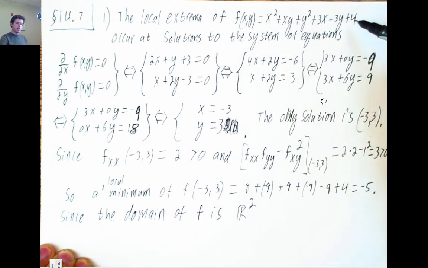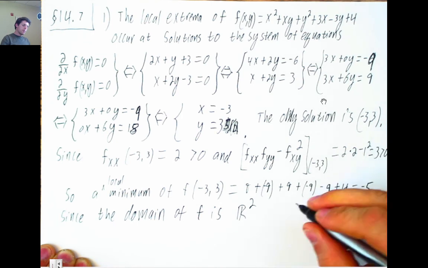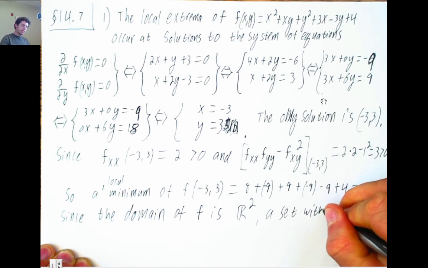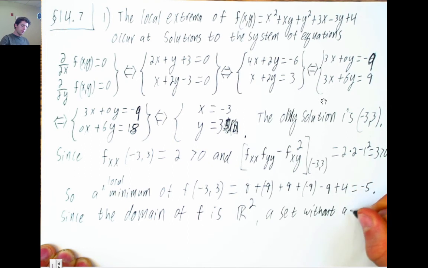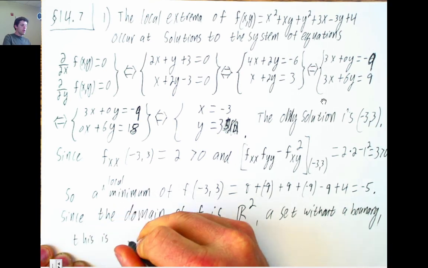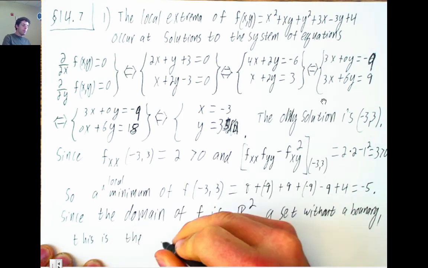There's no restriction that comes from this. It is a set without boundary. Okay, there are no other critical points. There are no other places where we possibly could have a maximum or minimum. This is not just a local minimum, but actually the minimum.